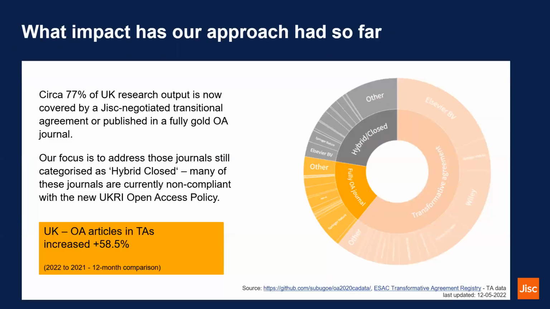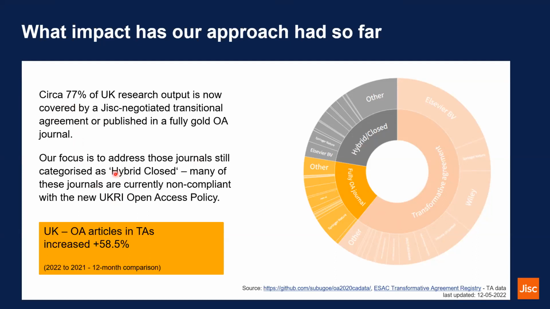So what impact has this had so far? Reinforced support for open access has meant that this has ramped up quite significantly. And I've got a pointer here for this. As of last week, this is data from ESAC, the Transformative Agreement Registry. If we take transformative agreements here in the UK through JISC and fully open access journals, we can get to 77% of UK research being open access.